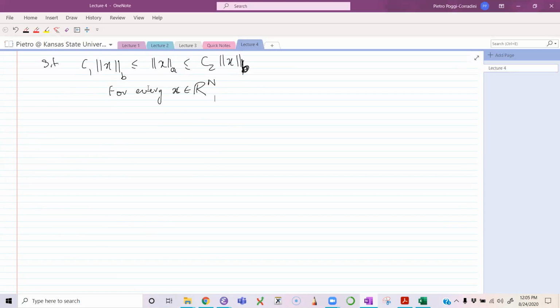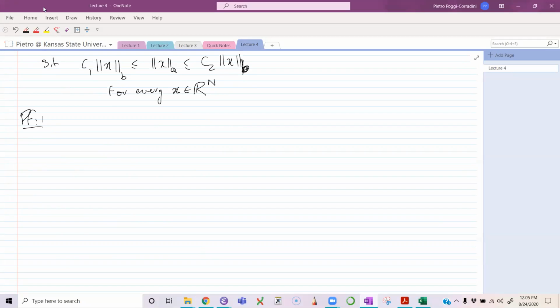All right, so how do we prove this? Well, being equivalent is a kind of transitive property.